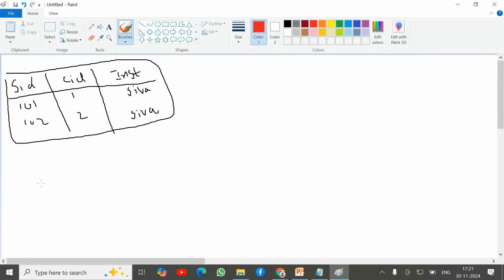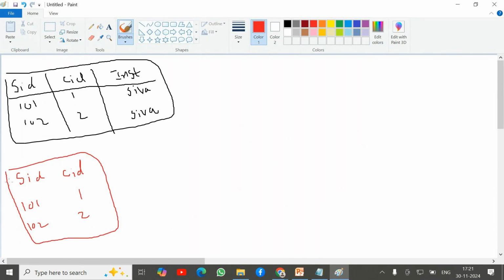We are dividing into the student course table: student ID, course ID, 101, 1, 102, 2. Next one, the instructor table: course ID and instructor.